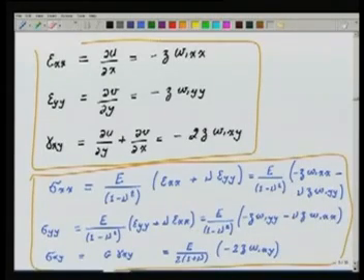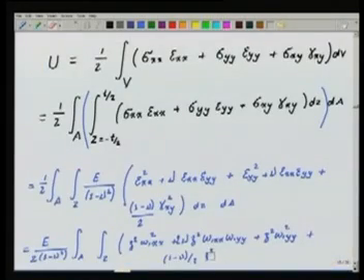So we will have into by 2 into 4 z squared w comma xy whole squared dz dA. Okay.